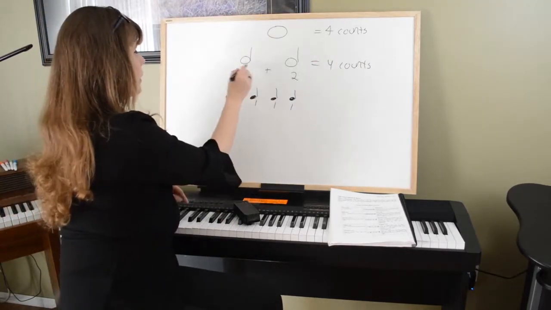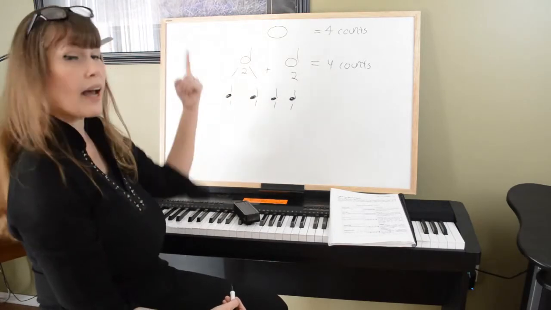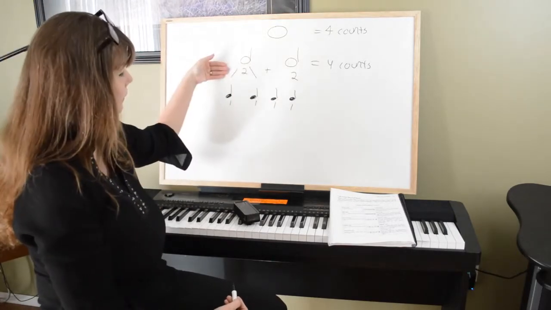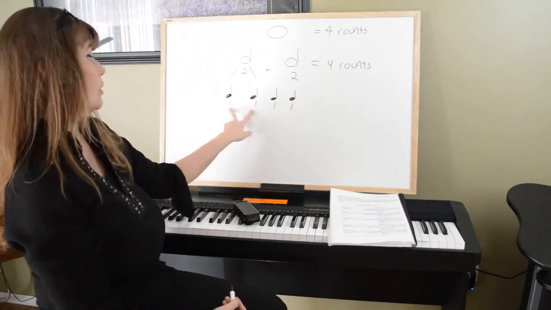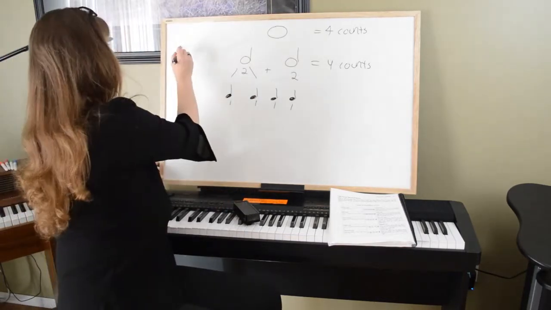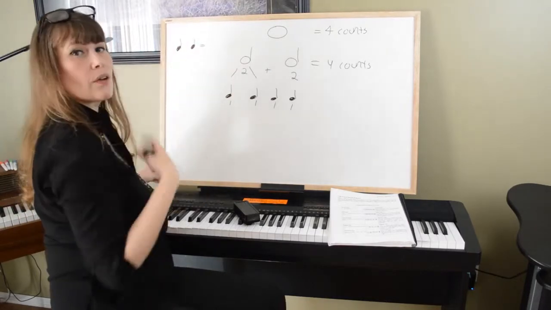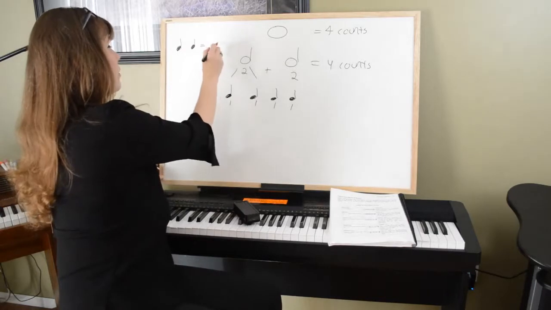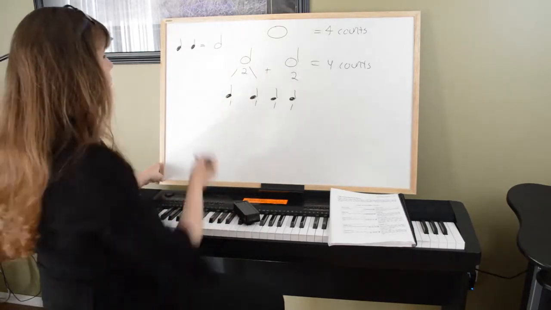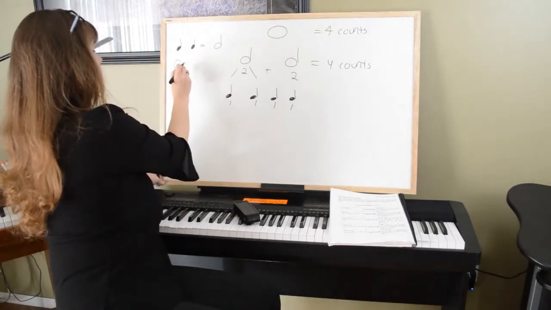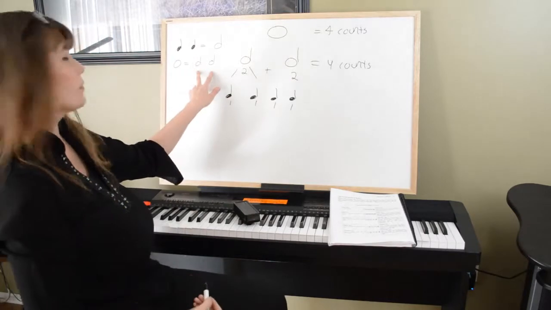If I'm doing the equivalent of a half note, I'd need 2 of these because a half note has 2 counts in it, and each quarter note has 1 count, so two quarter notes equal the same amount of pulse or rhythm or counting as a half note. Our whole note equals the same as 2 half notes.